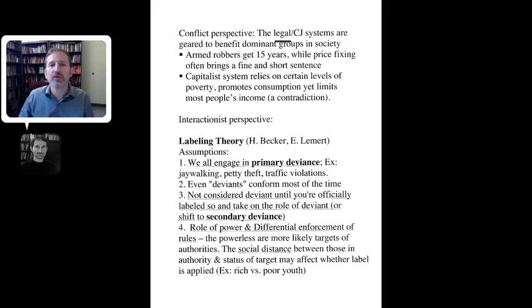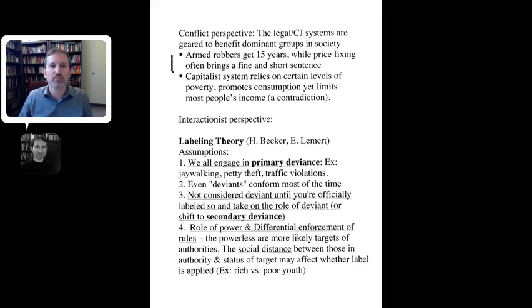So here, the legal or criminal justice system, that's what CJ here stands for, criminal justice systems, are seen as geared to benefiting dominant groups in society, the haves rather than the have-nots. The people who have created the legal system are those who are in control. So that system, therefore, is seen as benefiting them.